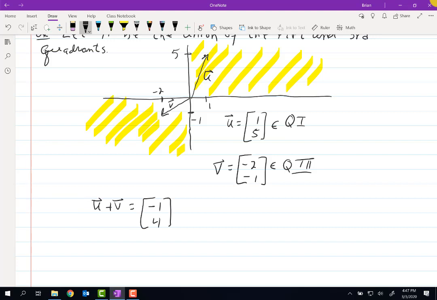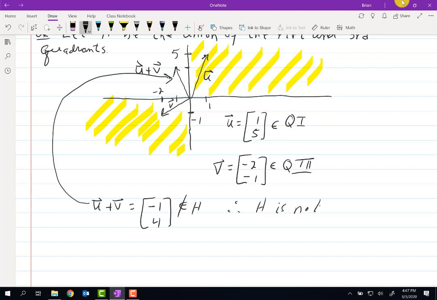So if I do (-1, 4), let's do this right here. Unfortunately, that thing there is U plus V. And you can see from the picture that it's not in the set. So therefore, H is not a subspace. Specifically, it's not closed under addition.